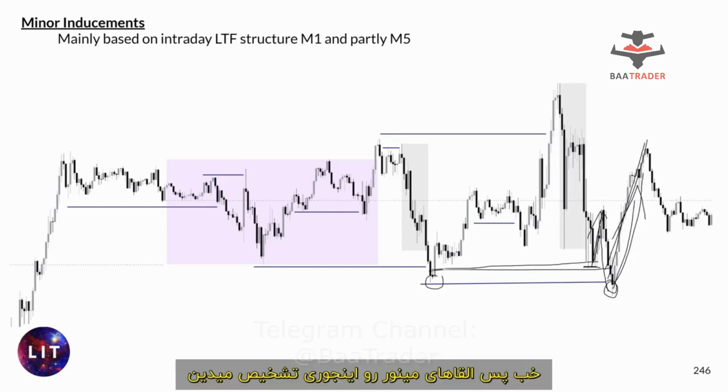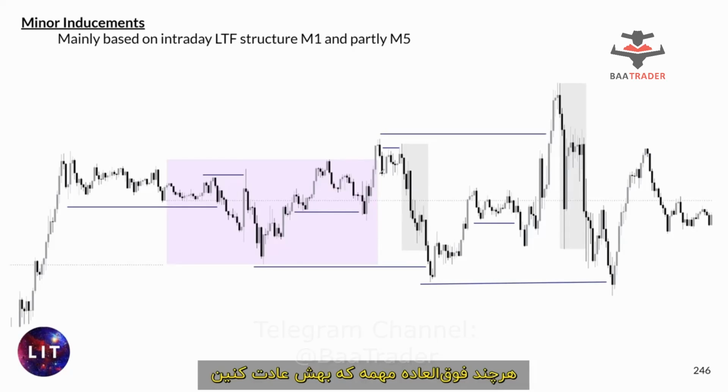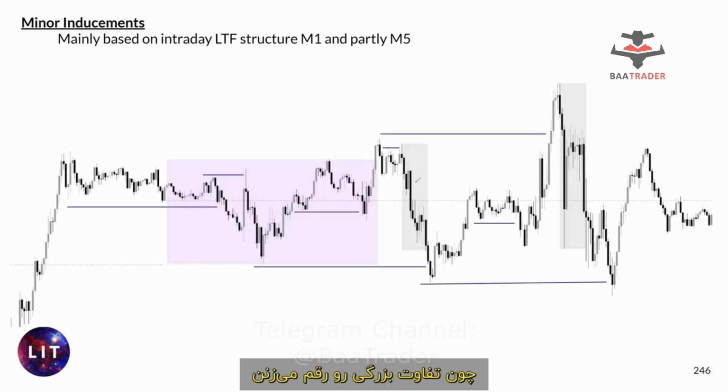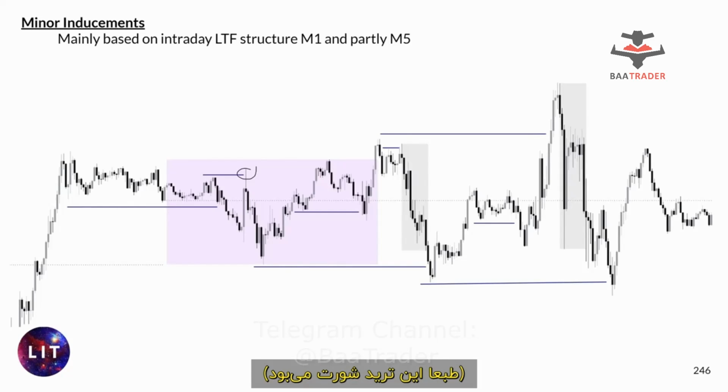So that's how you identify minor inducements, just by these little intraday plays. It's super important that you get used to those, because they make a huge difference depending on how much you want to trade. As you can see, if you just identify these proper inducement areas, this would be a short trade, this would be a buy trade, this would be a short trade, this would be a buy trade, this would be a short trade, and this would be a buy trade.